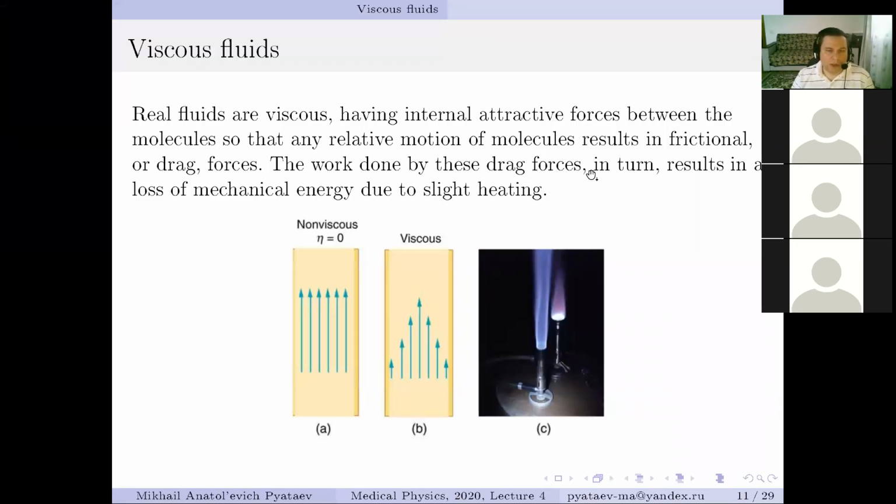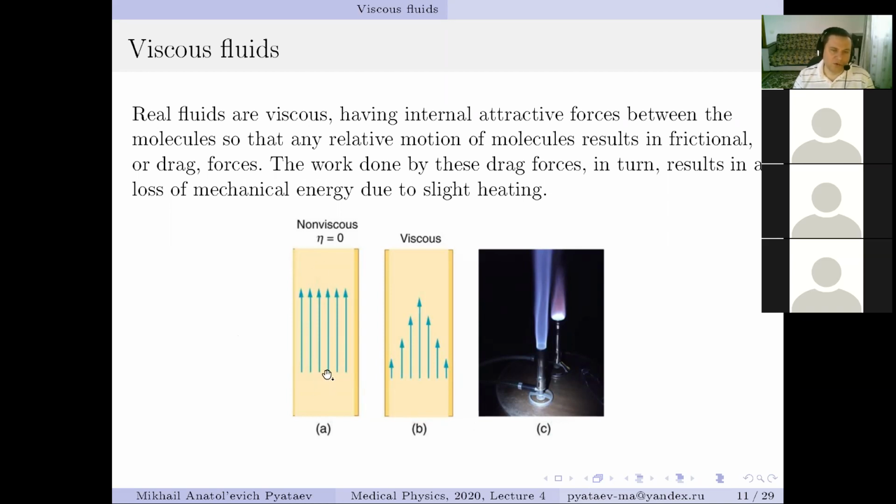So when we discussed Bernoulli's principle, it was about ideal fluids, which have no inner friction. And if there is no inner friction, then the speed distribution is uniform, which means the velocity of any part of the liquid in any part of the tube is the same.